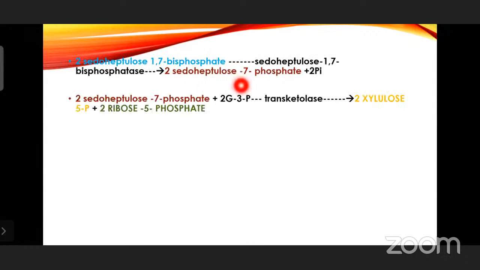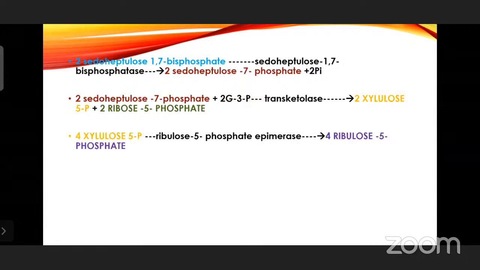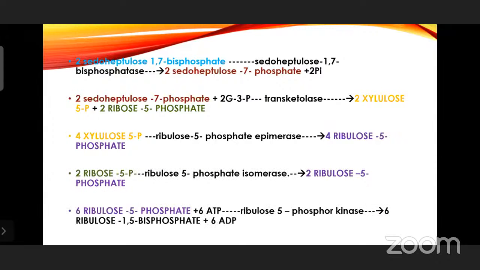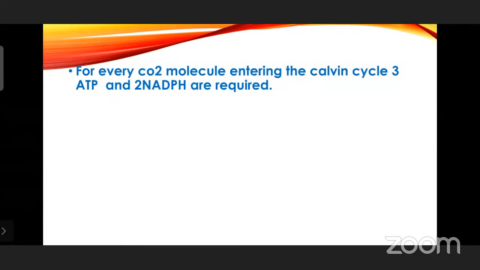Here another 2 molecules of glyceraldehyde 3 phosphate you can see. Totally these 10 molecules of glyceraldehyde 3 phosphate are going to get transformed into ribulose 1,5 bisphosphate by addition of this 6 ATP molecules. This is what regeneration of RuBP taking place.